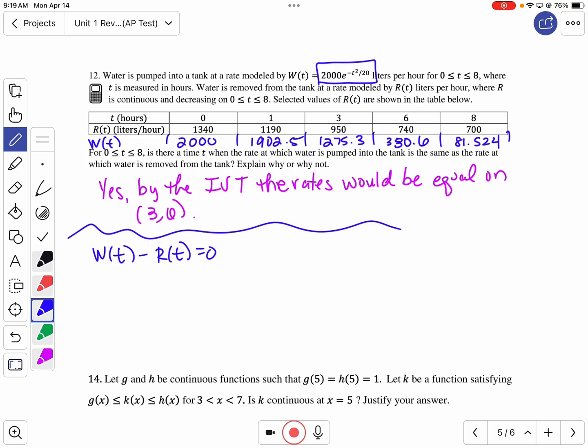We would say because R(t) and W(t) are both continuous. So in order to use IVT, we have to state continuity. Even though it said in the beginning that it was, we have to state it in order to use IVT to prove.